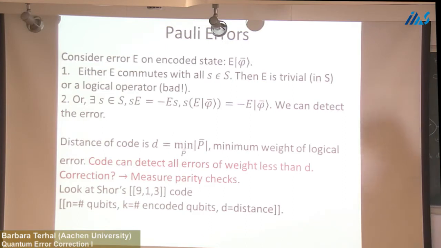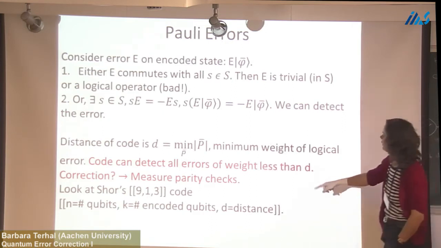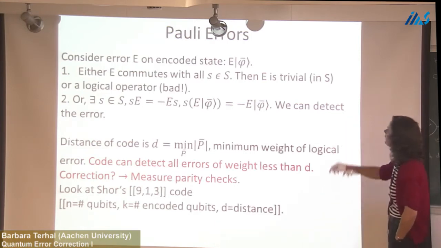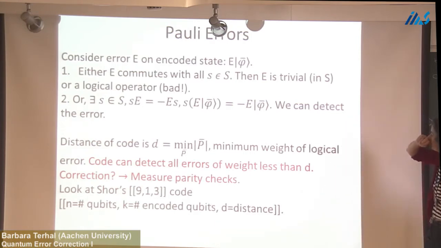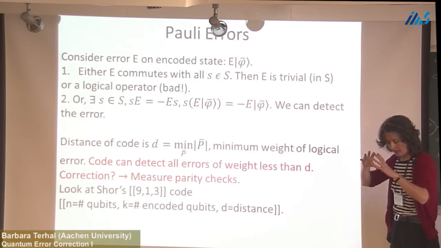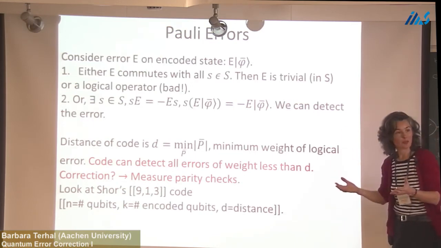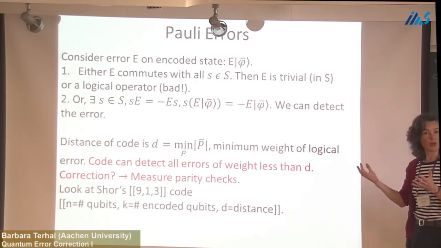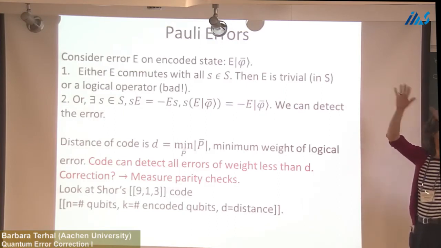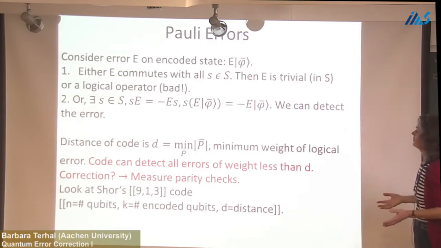So now let's talk about errors. I had the structure, I erased it, but it's not here. I had the stabilizer S, and then the centralizer, everything that commutes with S, and we're only looking at Pauli errors, so that's basically the rest of what's in the Pauli group.